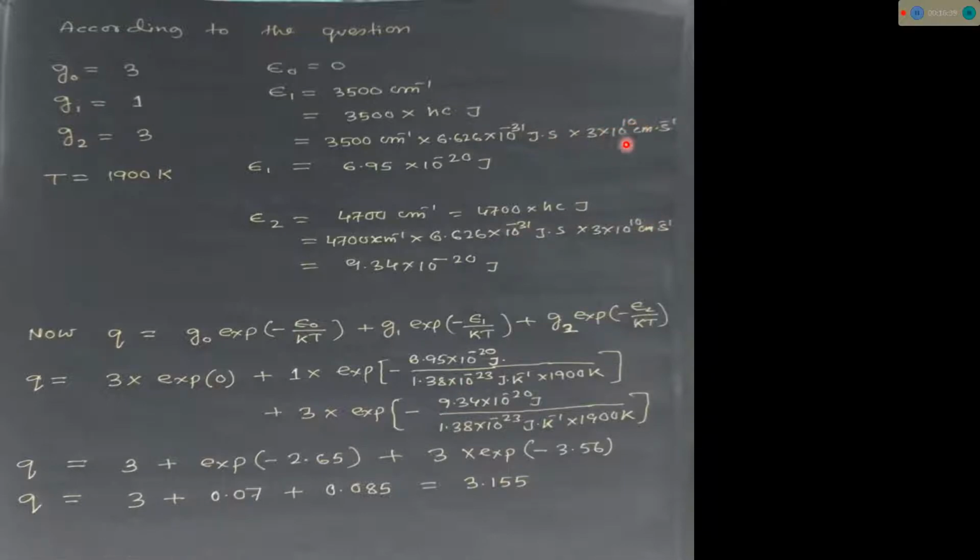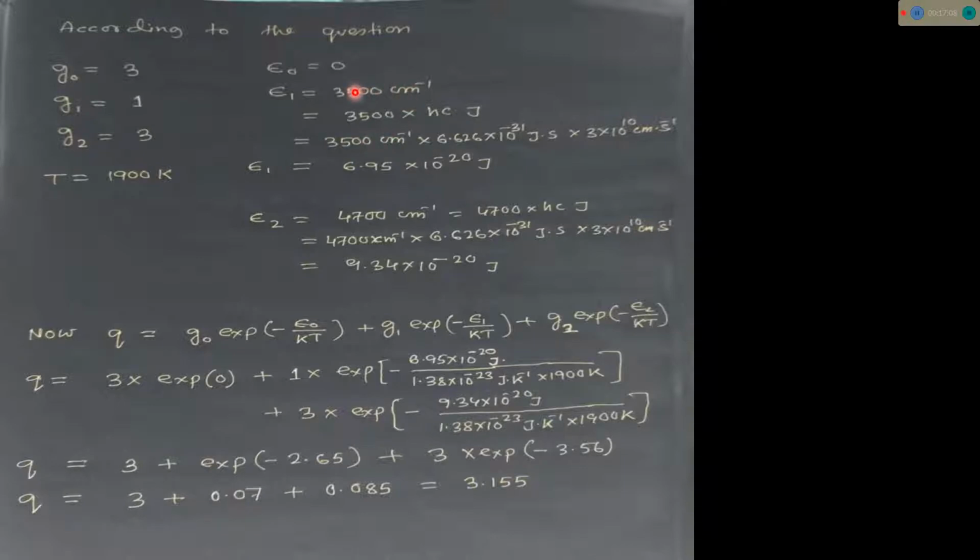Then the centimeter and the centimeter inverse will cancel out, the second and second inverse will cancel out, and only joule will be left. If we put erg per second here, then we will get the energy in erg, not joule. So concentrate on what unit we have and what we want.